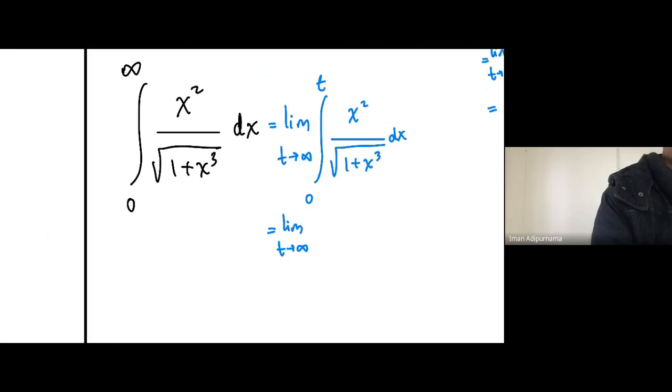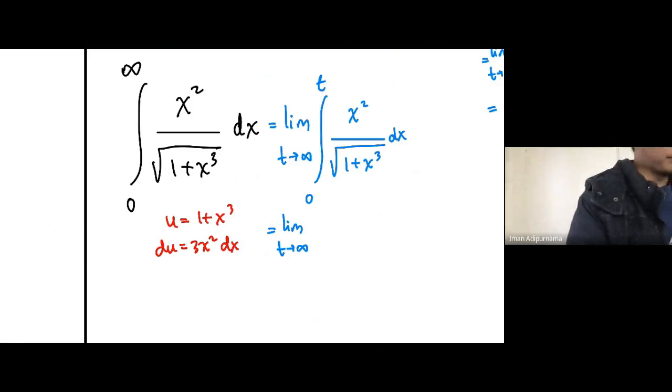Let me write here that u is 1 plus x cubed, and then du is 3x squared dx. Right.